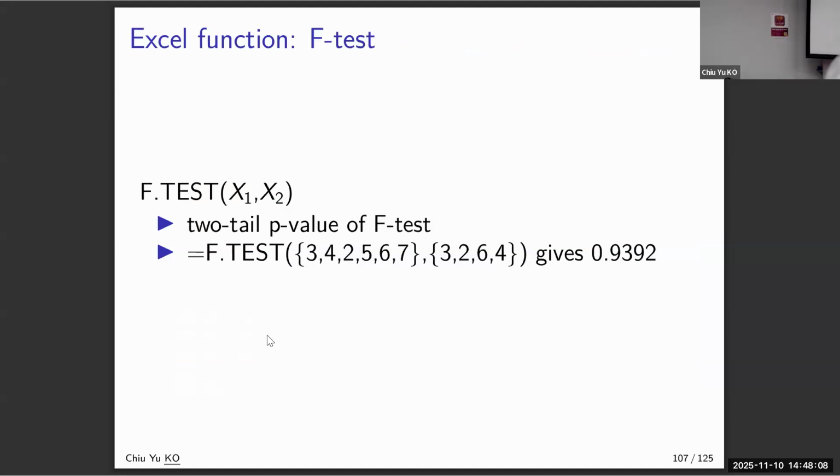And lastly, the F test. I give you two data sets. I want to show whether they have the same variance or not. And do note that this is a two-tail test, as you expect. Is that okay? So I hope it is more or less clear what we are doing.